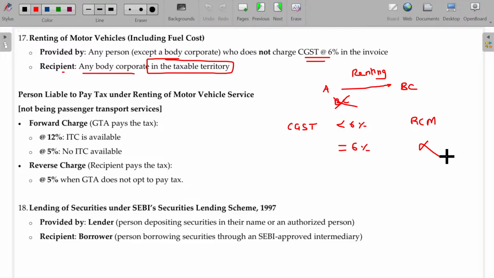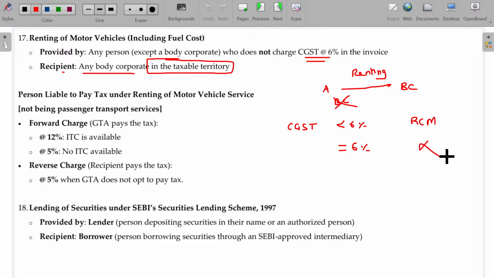If I register myself as a small service provider, then I need to pay only 6%, else I have to pay 18%. If I register as a small service provider at 6%, you as the recipient cannot be eligible for ITC. If I register as a regular taxpayer at 18%, you can claim that 18% back as ITC. You understand? The same happens here also. If A, the service provider, is registered as a small taxpayer, which is less than 6%, then for a regular taxpayer it is CGST 6 and SGST 6, so 12%. 12% is the normal rate.